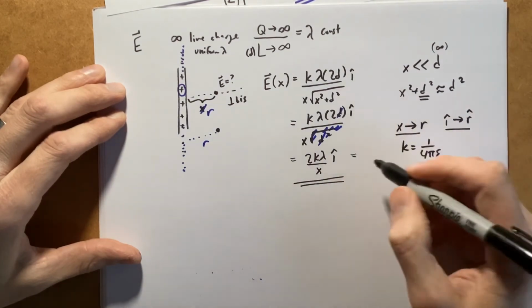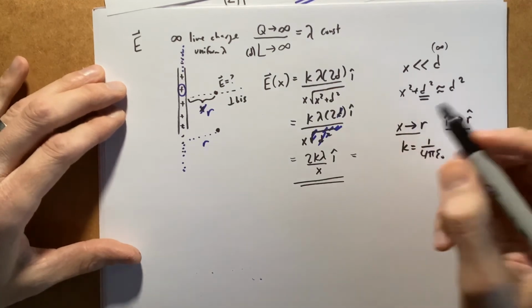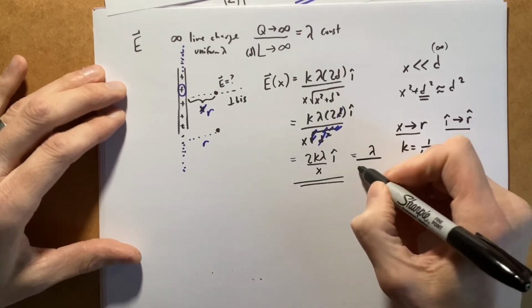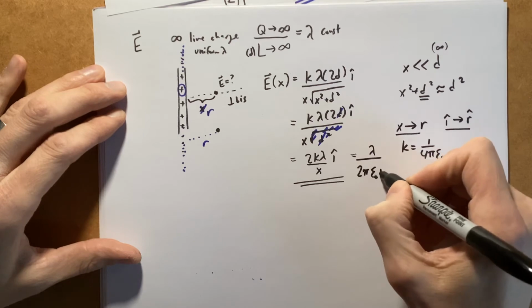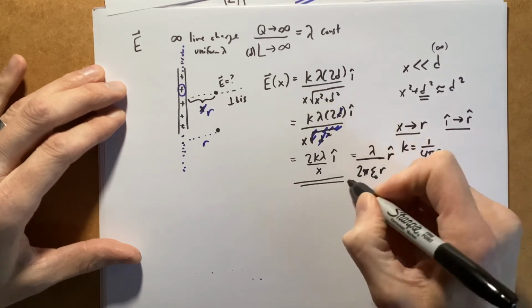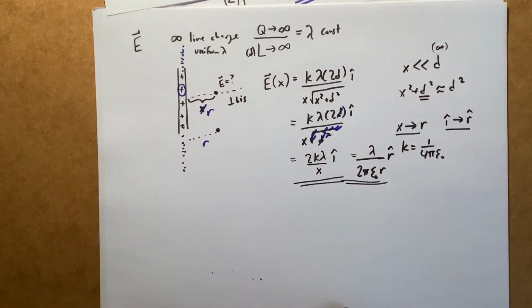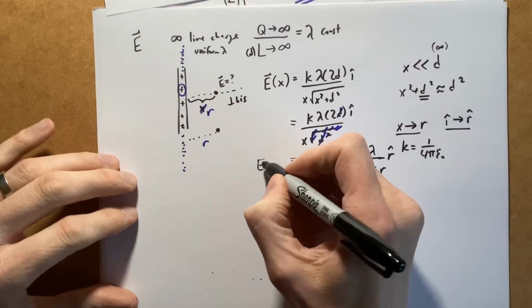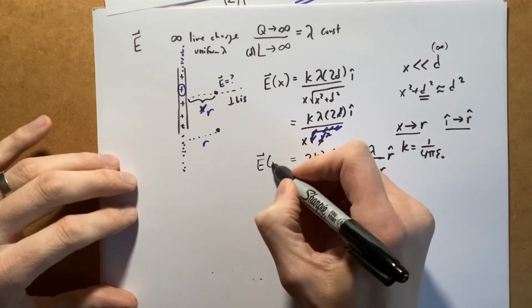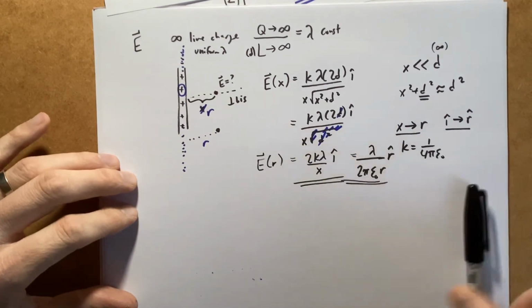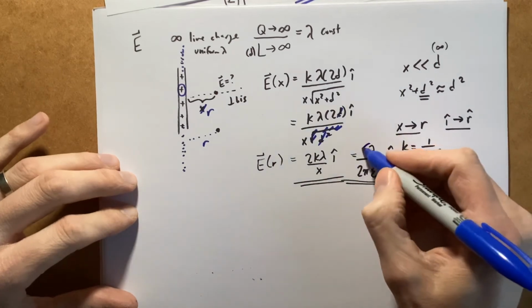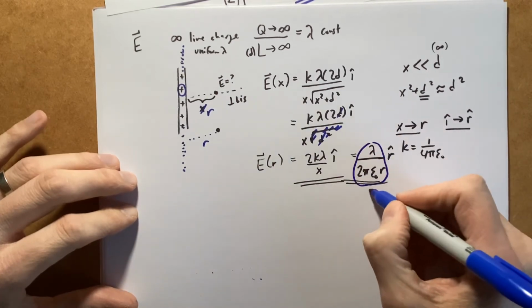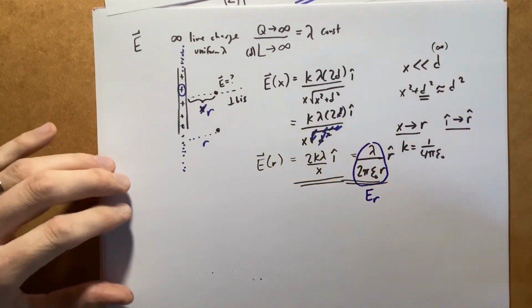So what that ends up being, if you work it out, is lambda over 2 pi epsilon naught r hat. So that right there is our result. Let me write it here, electric field as a function of r, and of course you can write just this part as the radial component.